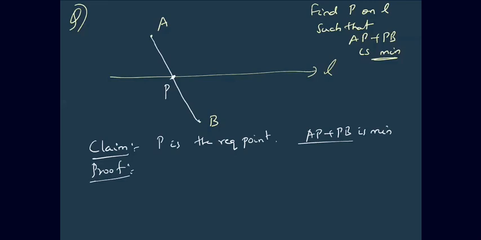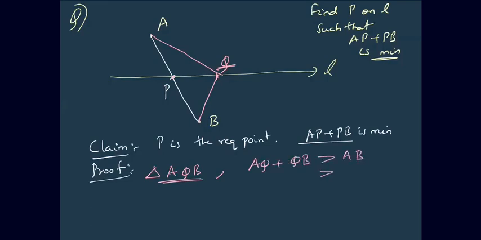If P is not the required point, then let us take any other point Q on the line L and join AQ and QB. Now from triangle AQB, AQ plus QB will always be greater than AB, that is, it is greater than AP plus PB.